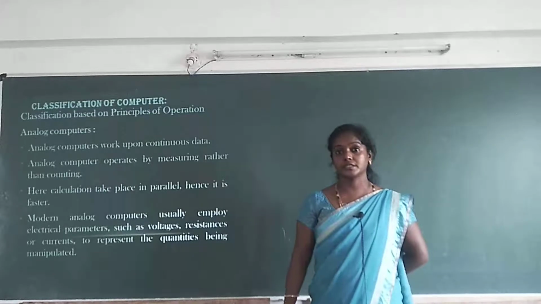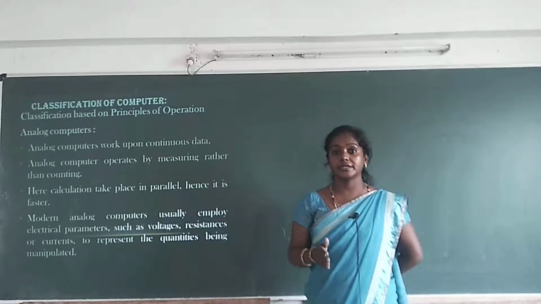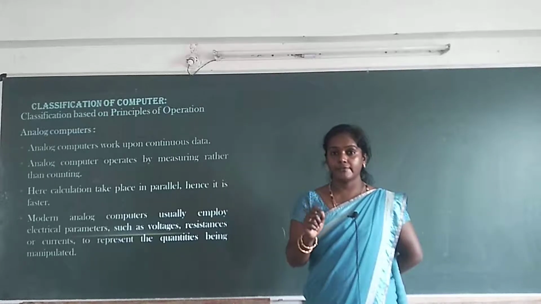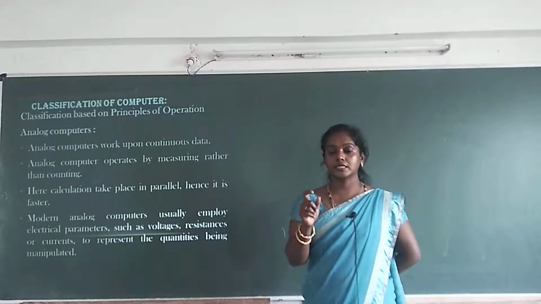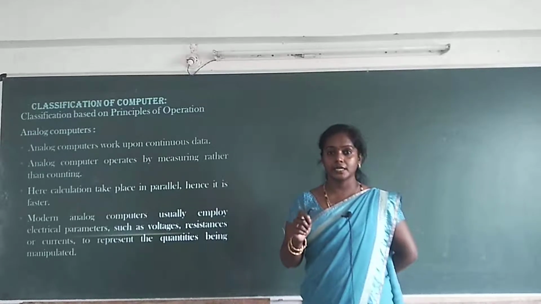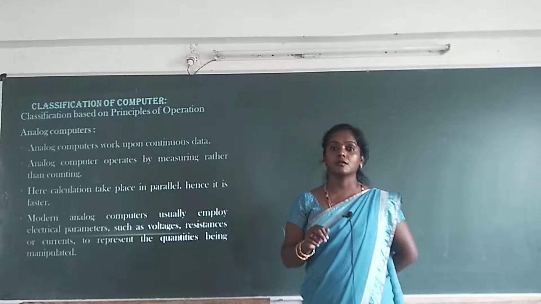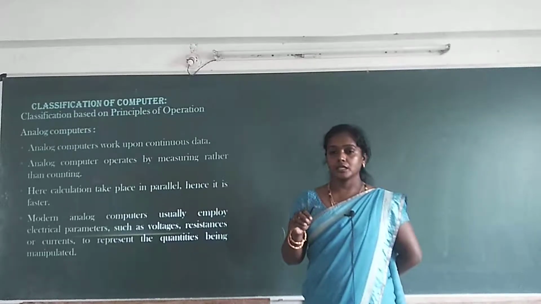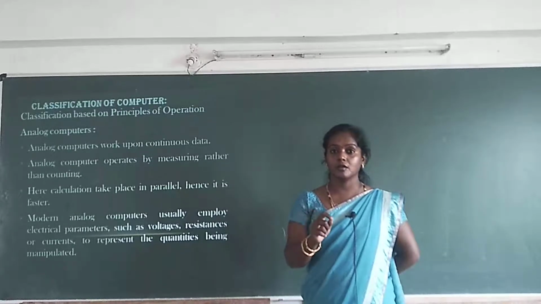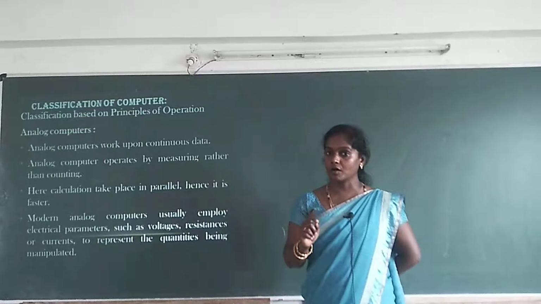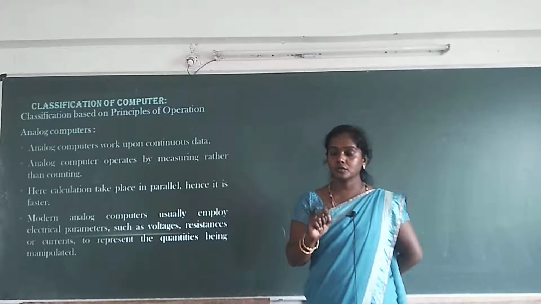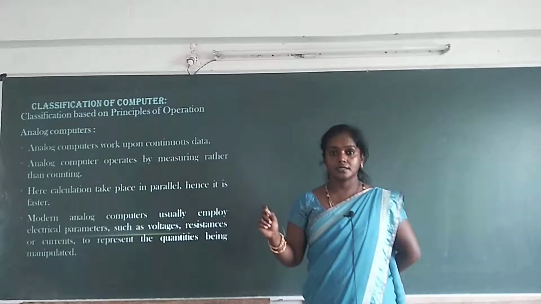What is this continuous data? Continuous data means it is not discrete. Discrete means if we have that type, 2.5, 2.6. You have seen the analog clock or digital clock. There is a difference between an analog clock and a digital clock, like the analog watch and the digital watch. In a digital watch, we have numbers like 2 hours 30 minutes or some seconds.